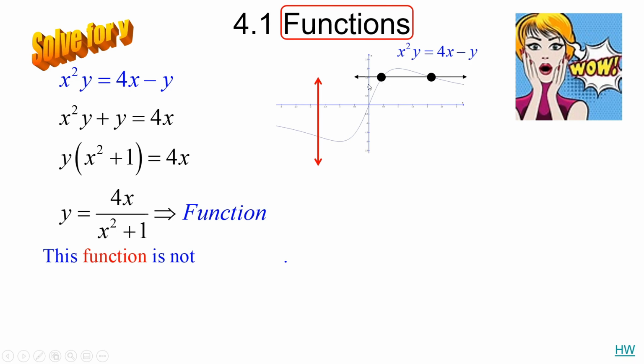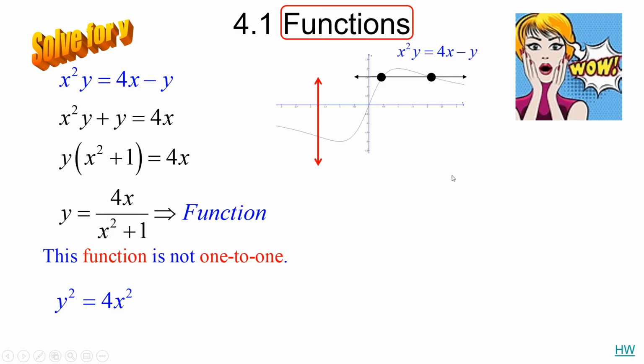So I have an output with more than one input. It's kind of the opposite of the vertical line test. And that makes sense. Horizontal line test, opposite of the vertical line test. Anyway, what that means is that this function, it is a function, but it is not one-to-one, which means it does not have an inverse, which we're going to get into later.